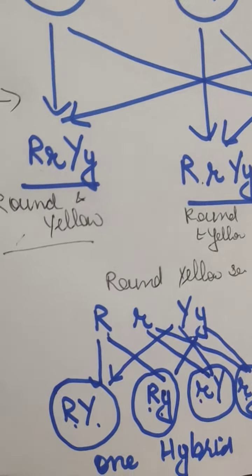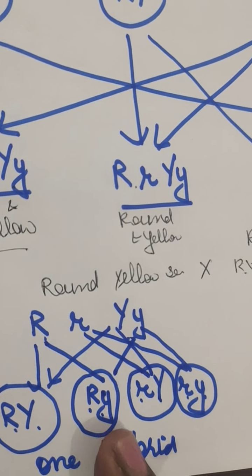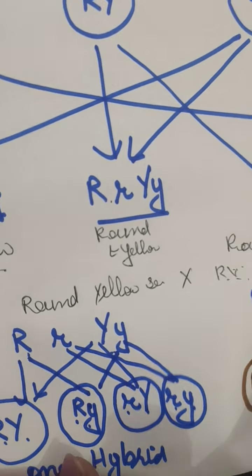Okay, so now for the gametes of the one hybrid, first I'll write all the gametes which you obtain. There is capital R and capital Y, then capital R and small y. So all that we'll be writing on the next page.